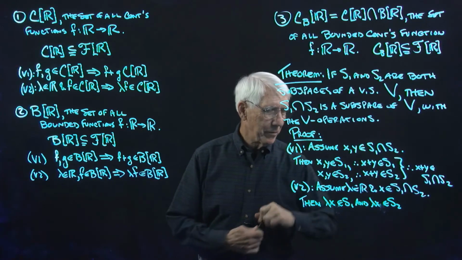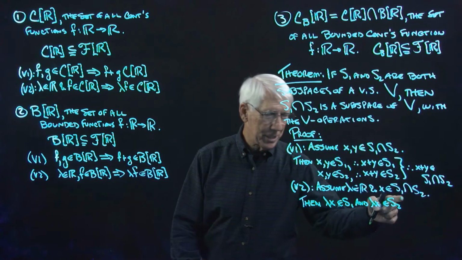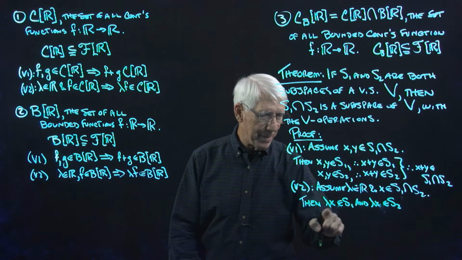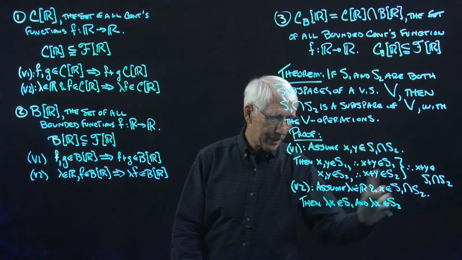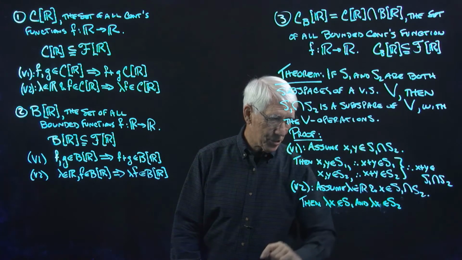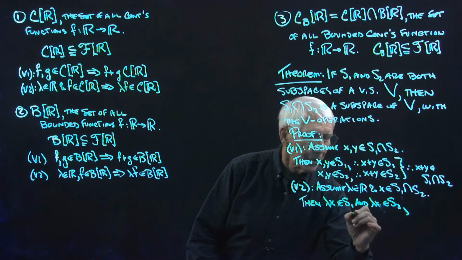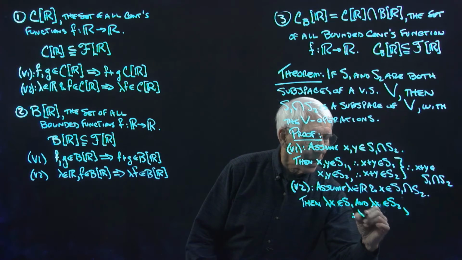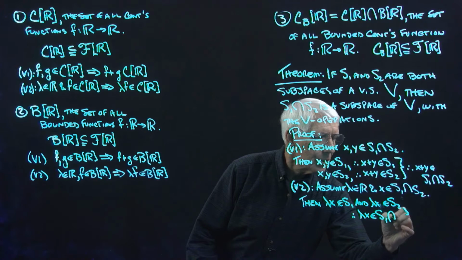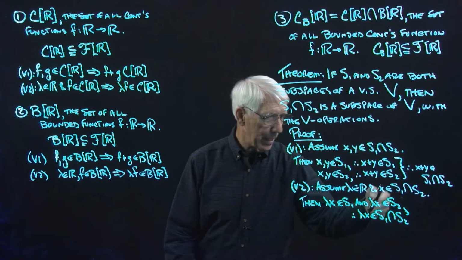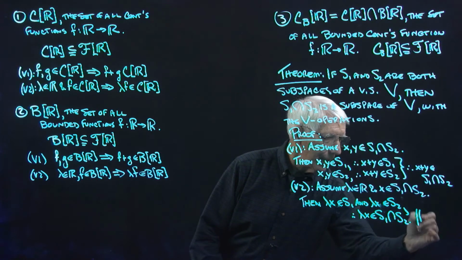Okay, we've got x in S1, which is itself a subspace, so lambda x is in S1. X is in S2, since this is the intersection, so lambda x is in S2, and of course, therefore, it follows that lambda x is in S1 intersect S2 because it's in both S1 and S2.